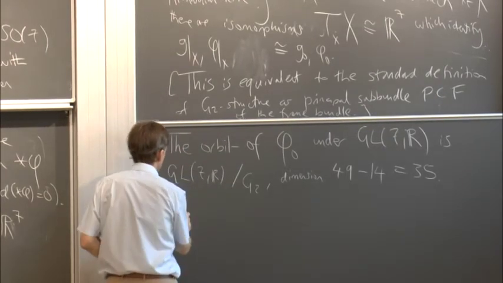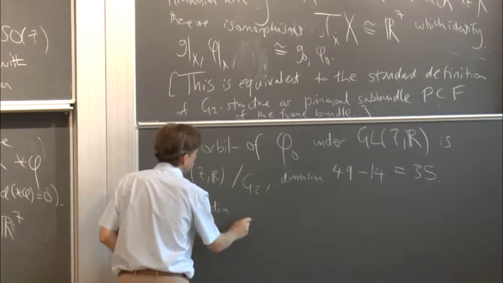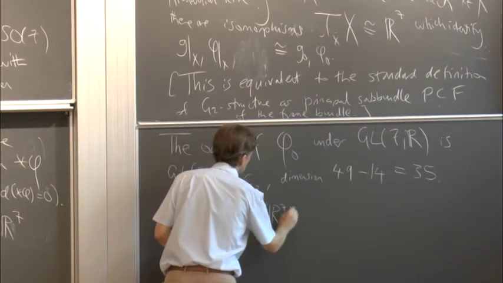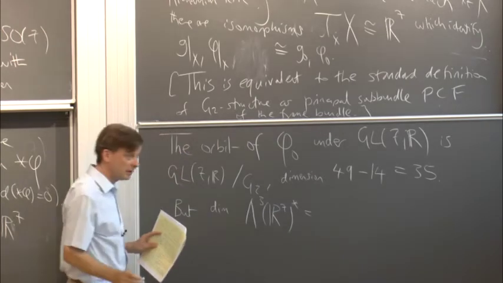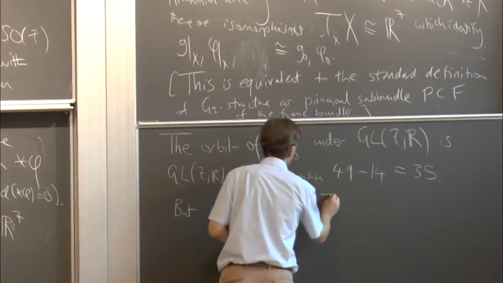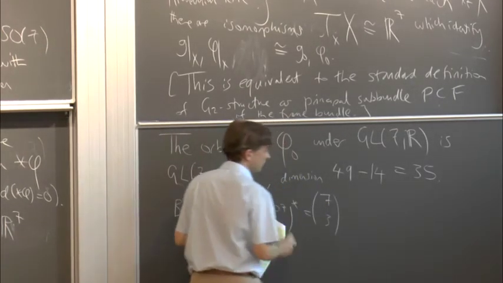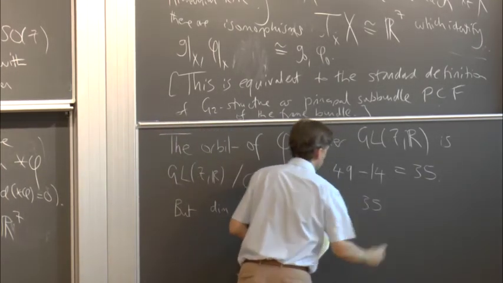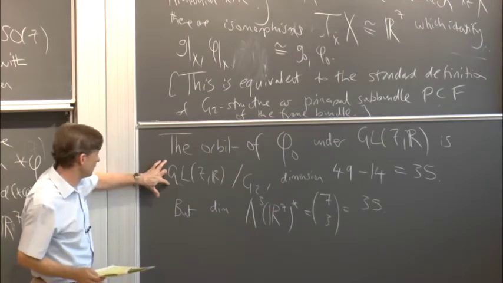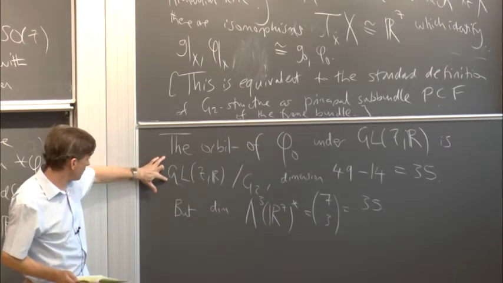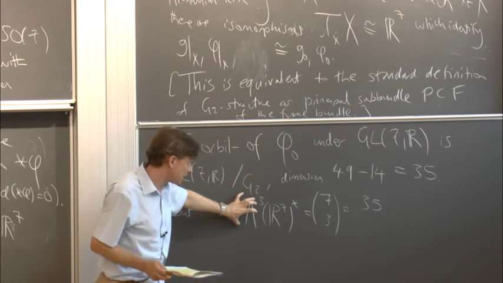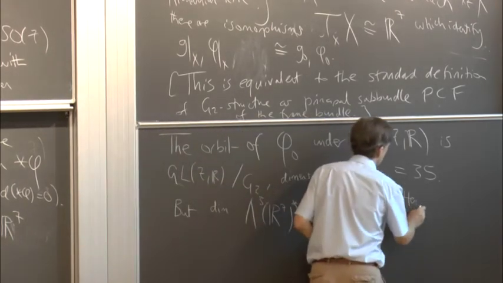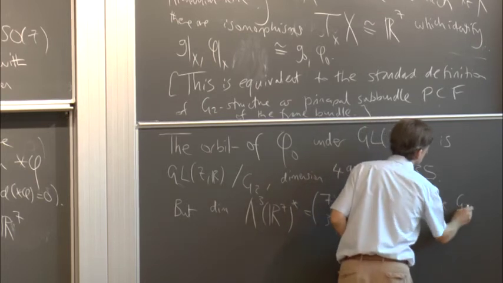But the dimension of the 3-forms, lambda 3 R7 star, is the binomial coefficient 7 choose 3, so 7·6·5 over 3·2·1, which is also 35. So the orbit, a kind of submanifold of that, has the same dimension, so it's actually open.